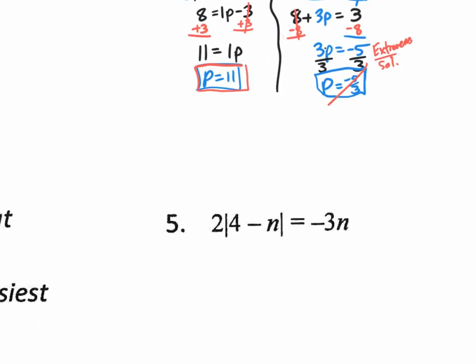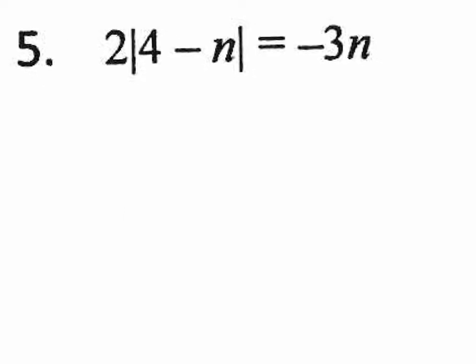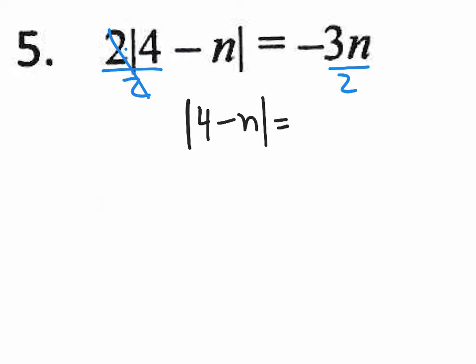Now, number 5 is the craziest one because we're dealing with fractions. I don't want you guys to be scared of fractions. Let's isolate first by dividing by 2. We have the absolute value of 4 minus n equaling negative 3/2 n.